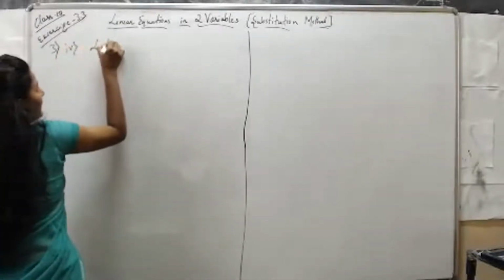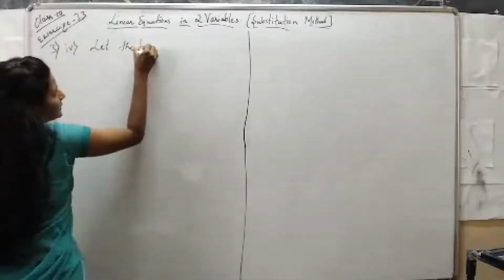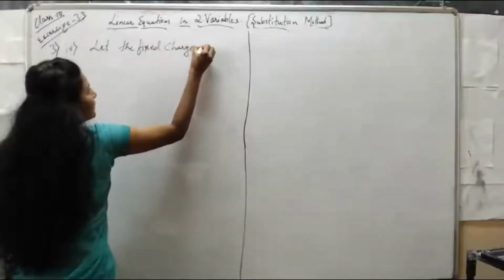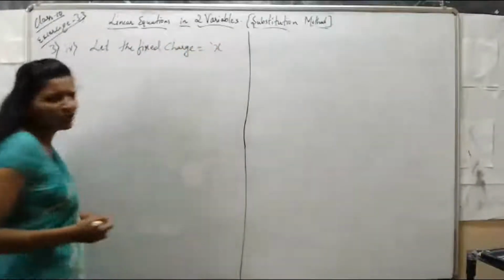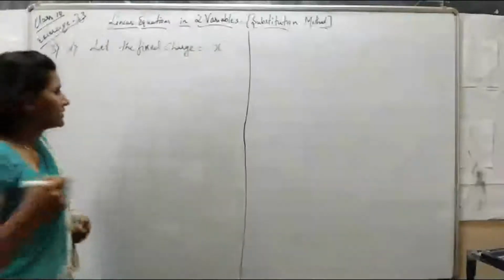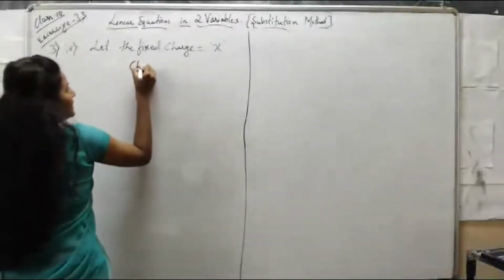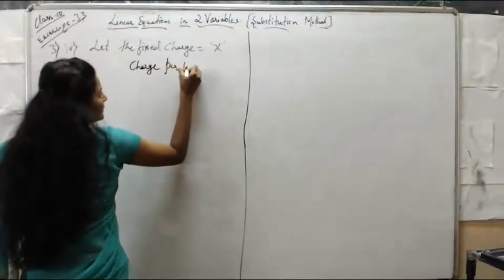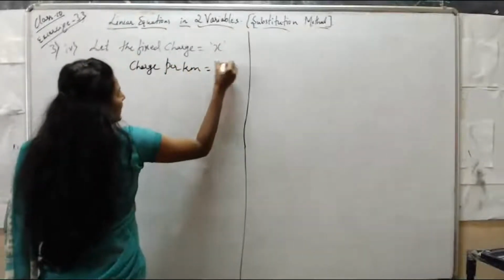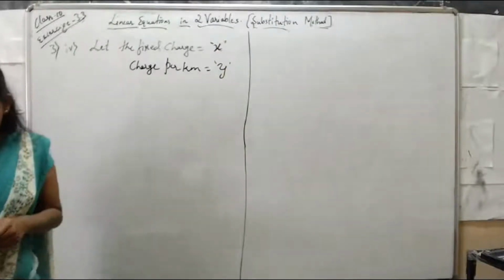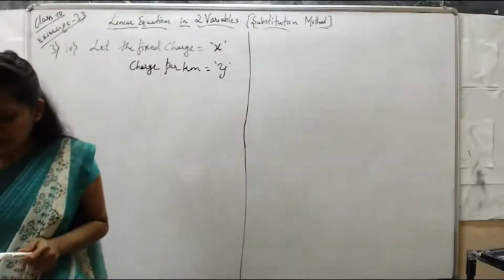Let the fixed charge be X rupees. We don't know the fixed charge, how much he has fixed. Okay, let the fixed charge be X rupees and the charge per kilometer be equal to Y.